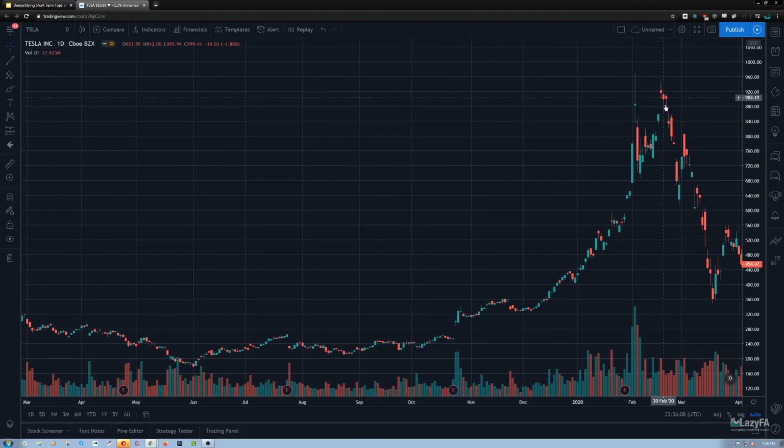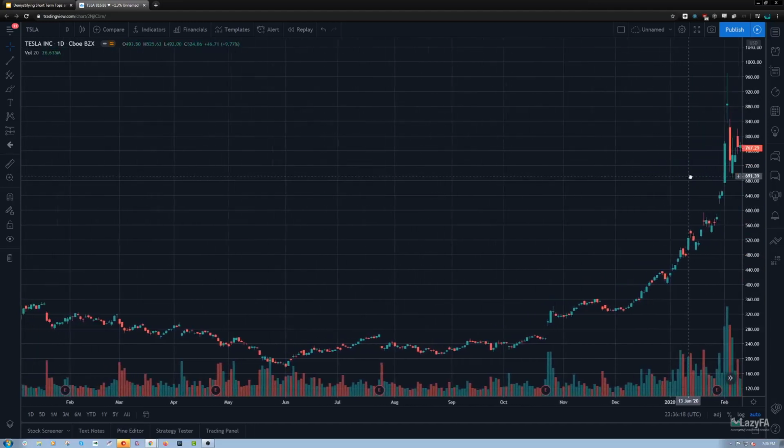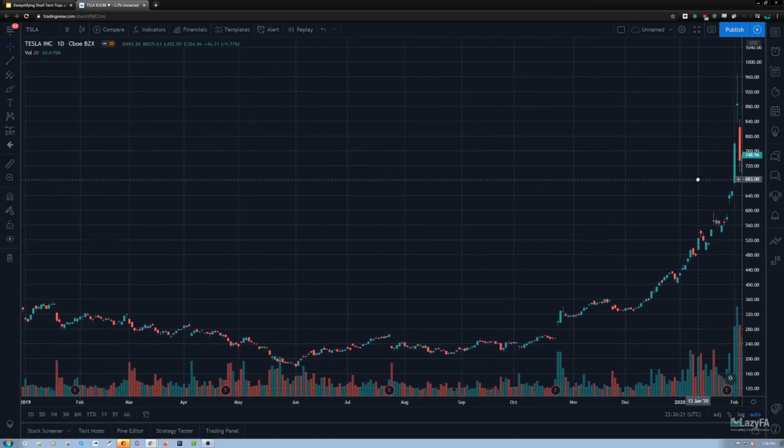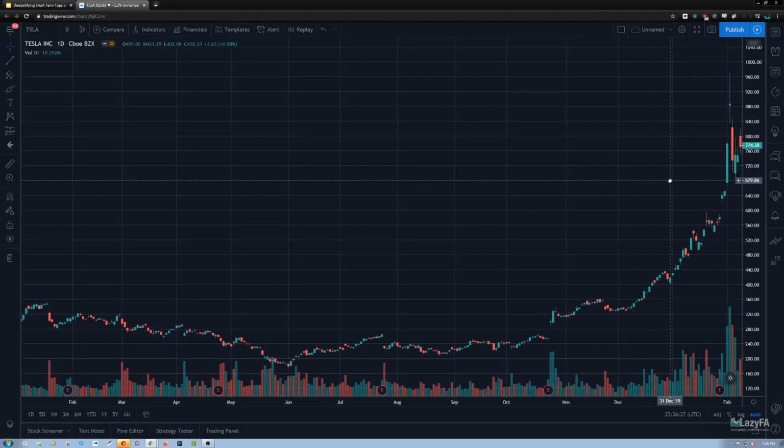I mean, this one was beautiful, right? Because we also had the coronavirus helping us out. But this was a perfect example of a parabolic trade, even if you didn't hold it through that entire move. Just by catching it in the 920 to 940 range and putting your stop loss over the high of day at 965, you had potentially $200 a share the next day that you could have made on this trade.